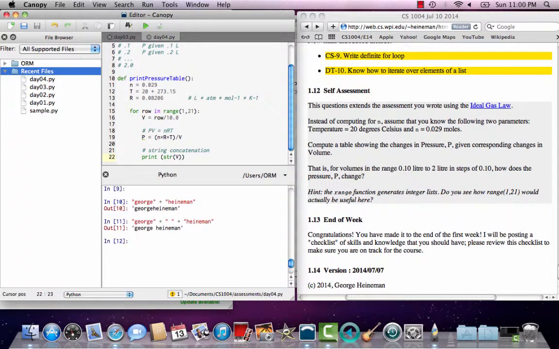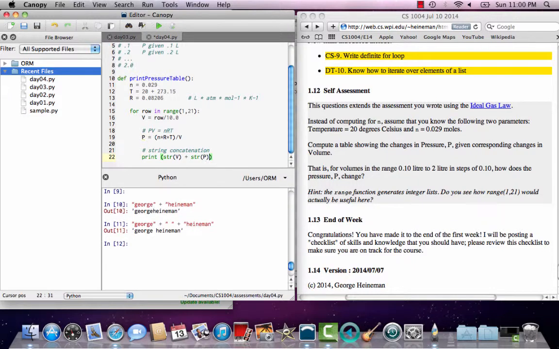So if I take this next logical leap, and this is of course the inspiration that makes this whole problem work, I want to do something for every one of these liter volumes from 0.1 to 2.0. What do I want to do? I want to compute the pressure, and then once I have that, I want to print them out side by side.